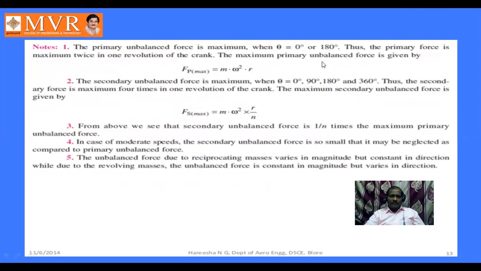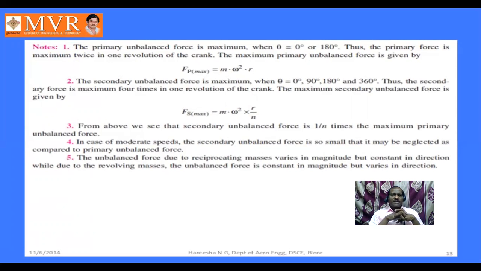Thus, primary force is maximum twice in one revolution of the crank. Thus, the maximum primary unbalanced force is given by m omega square r. So, what are the conditions? When theta is equal to 0 or 180 degrees, we have a maximum unbalanced force, to be remembered.